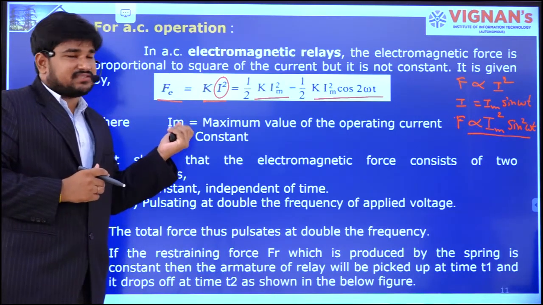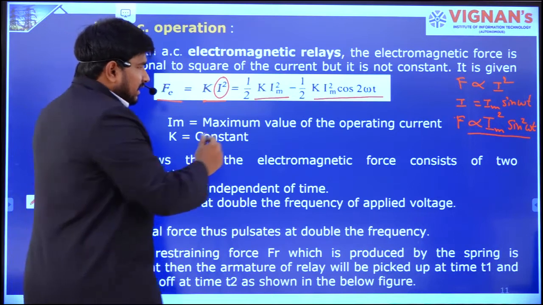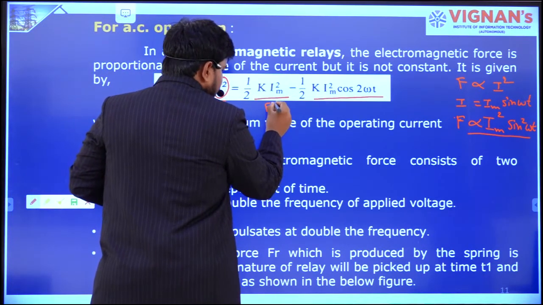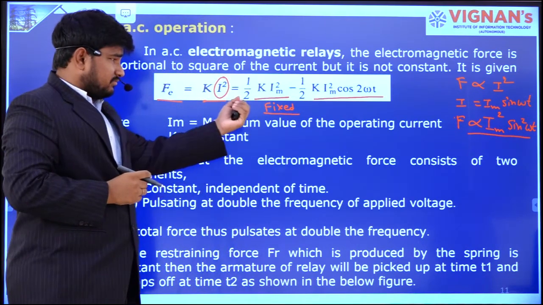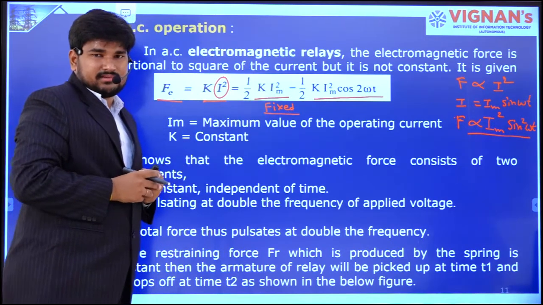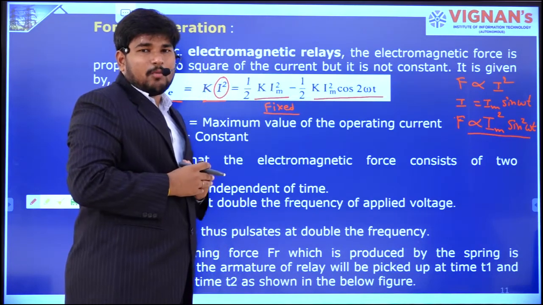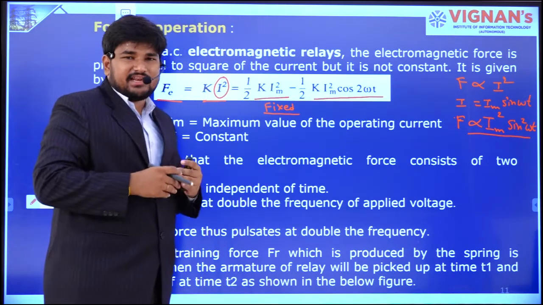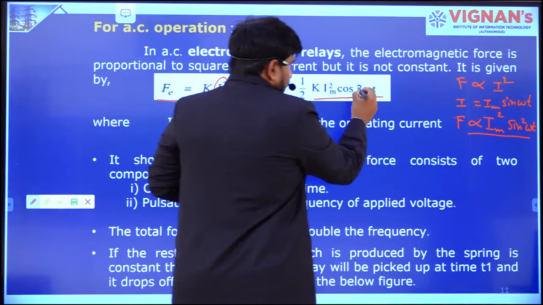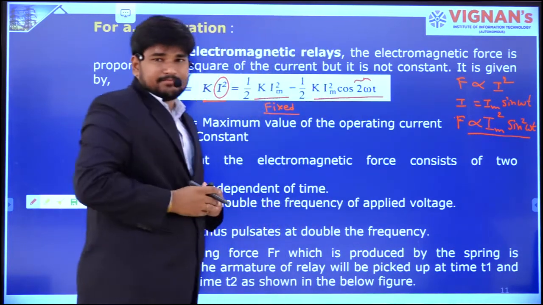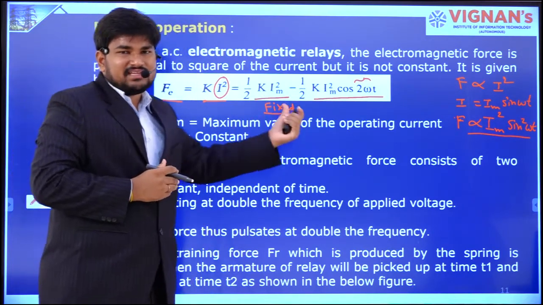Observing these two quantities, the first is fixed, in the sense that it depends only on the current. But the second is a cosinusoidal component. It varies sinusoidally with respect to time, at two times the frequency. It varies at double the supply frequency.